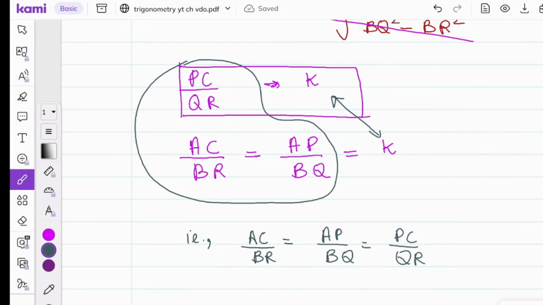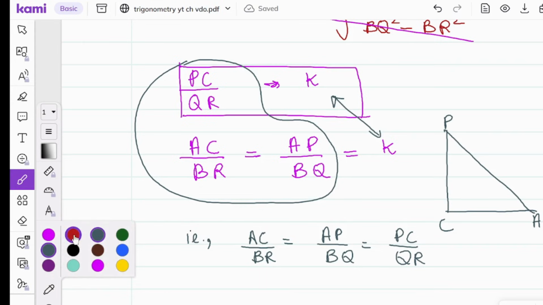Let me take those two triangles again. This is my first triangle and this is my second triangle. In the first triangle it is P, A, C, and here it is Q, B, R. Now look, AC by BR equal to AP by BQ, which is equal to PC by QR.